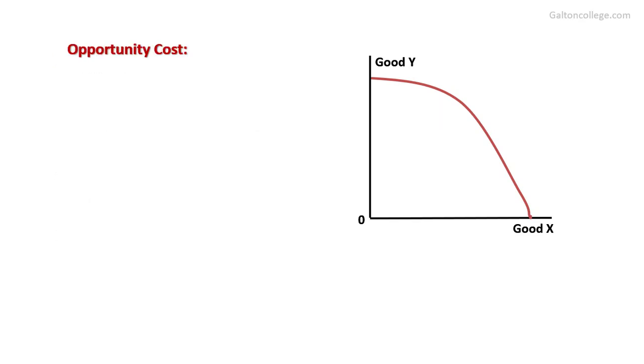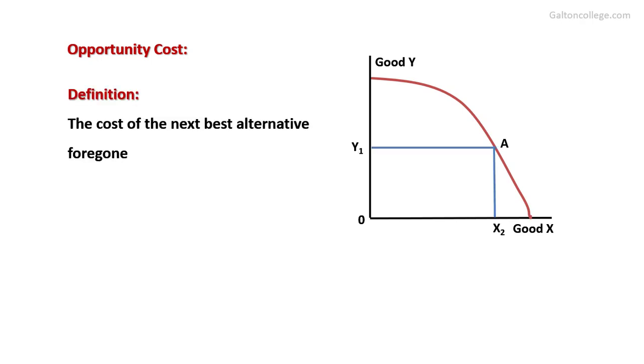Now, this also introduces the concept of opportunity costs. Well, the opportunity cost is the cost of the next best alternative foregone. It's worth remembering that. This is very important. It's the cost of the next best alternative given up. If you become a chef or a cook, a great cook, but really you also wanted to be a piano player, the cost to you of being a great cook is not being a piano player, because that's what you had to give up.